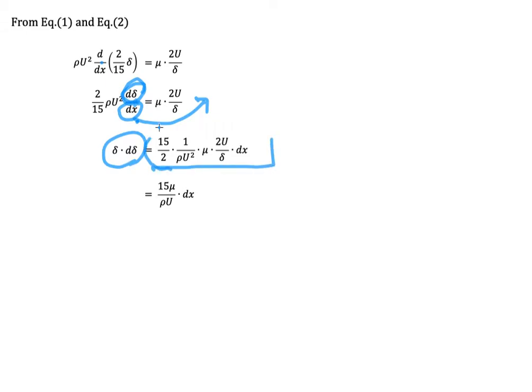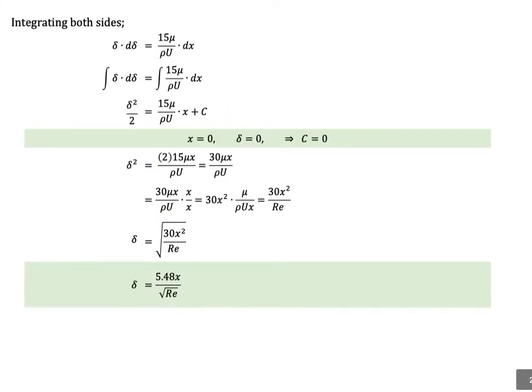If we simplify this one, we get 15 mu over rho U dx. So we have d delta at the left and dx at the right. Then we integrate both sides to get the full terms. So we have delta square over 2, and we have 15 mu over rho U x plus c.